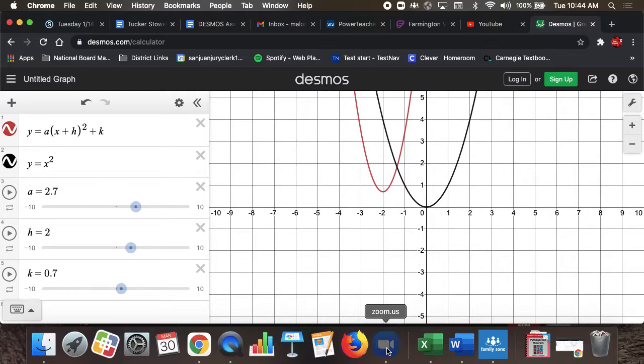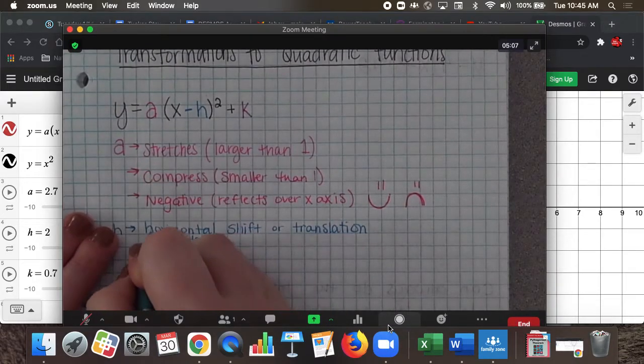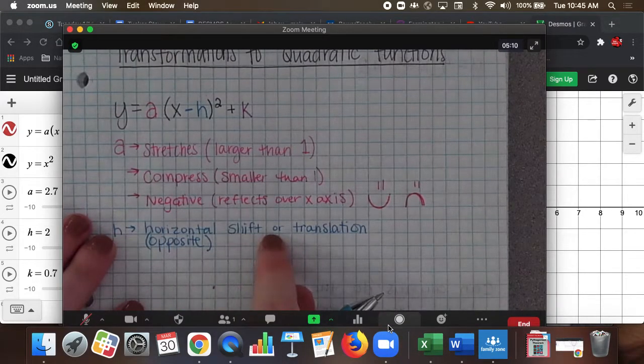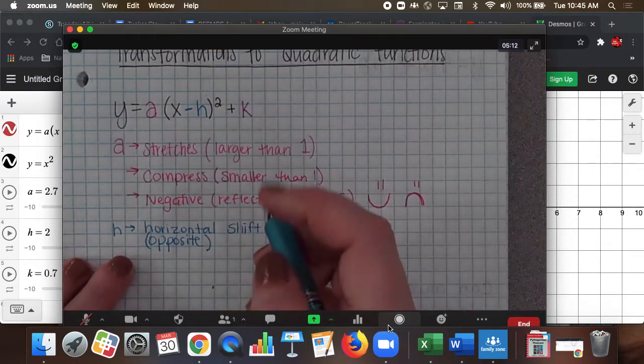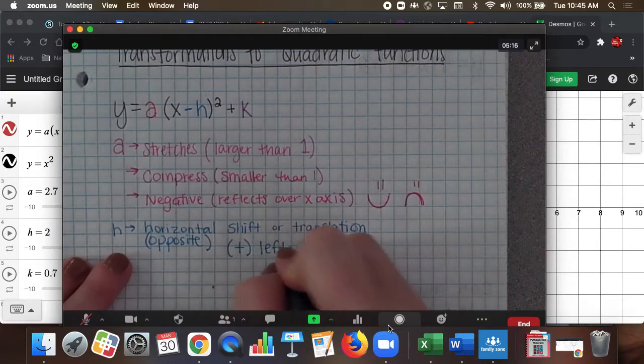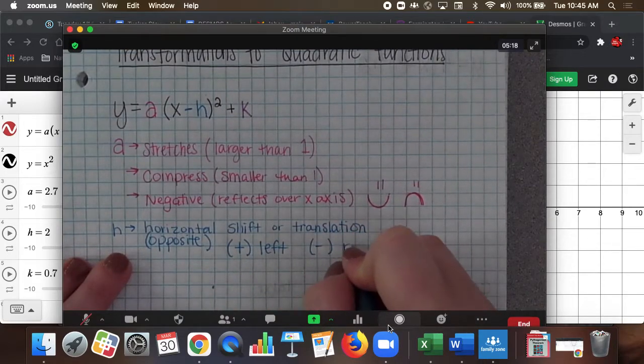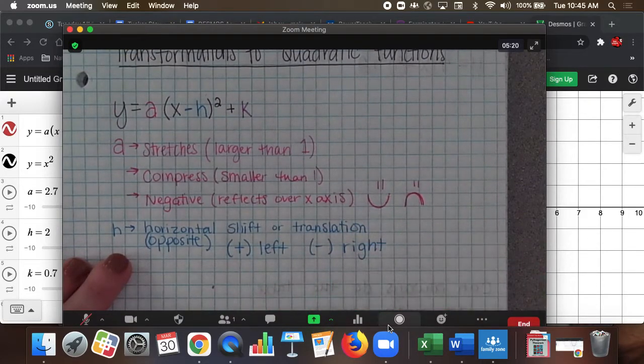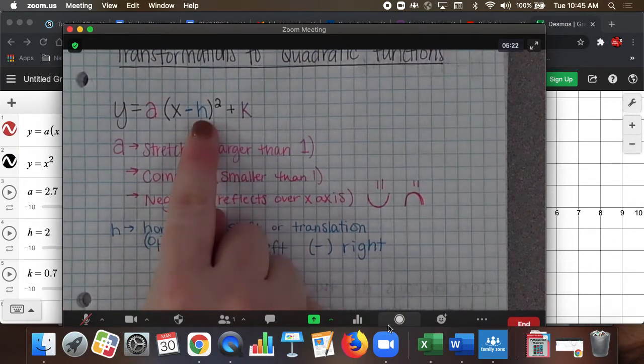So it's a horizontal shift or translation, and it's opposite. So if it is positive, it moves left. If it's negative, it moves right. And that's when the number is inside of the parentheses.